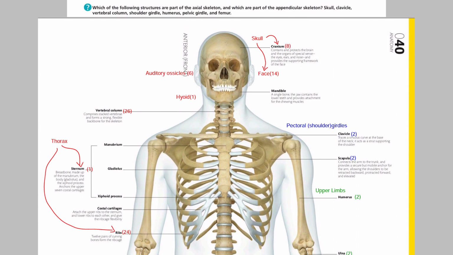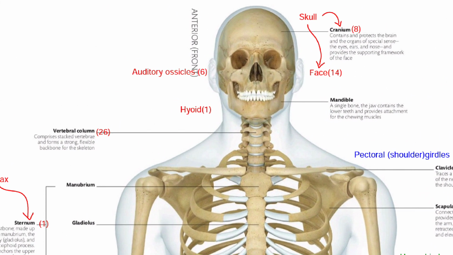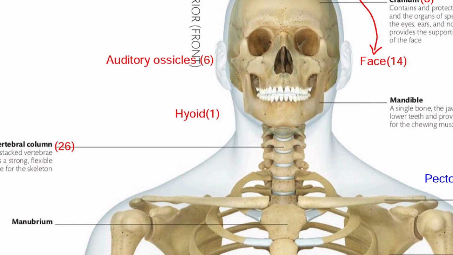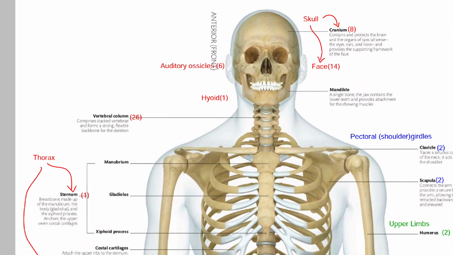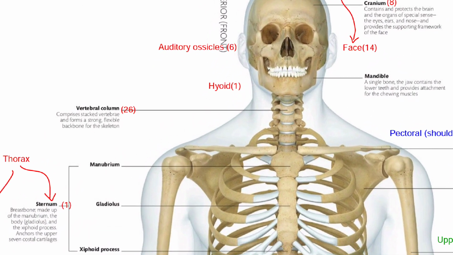So we have completed the skull, then we have seen the bones of the auditory ossicle, then the hyoid, then the vertebral column.